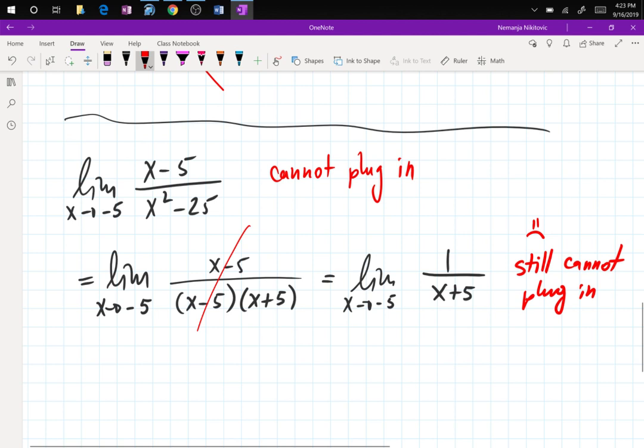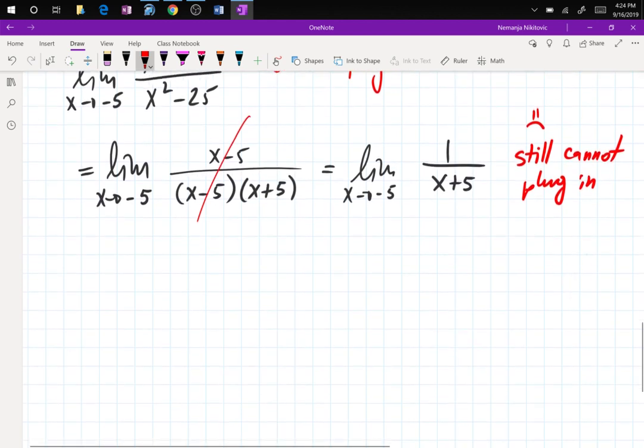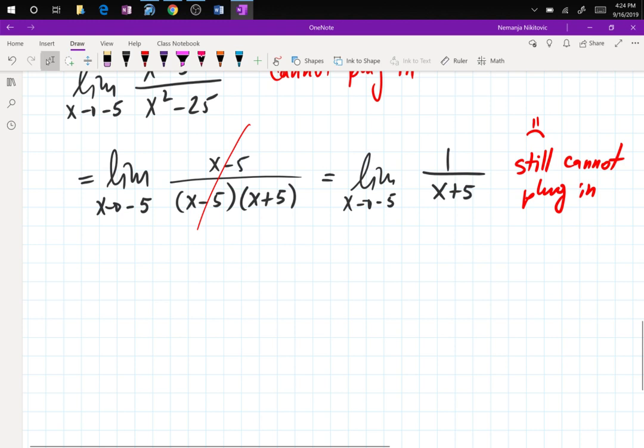And when you hit the end of the road, you get to graph the function and take a look at what's happening. Now, to graph 1 over x plus 5, you need to know basic pre-calculus, shifting left, right, up, down, reflecting, and all of that stuff. Since we can't use any more algebra because there's nothing else algebraically that we can do here, that's the simplest form, we now have to go and graph.